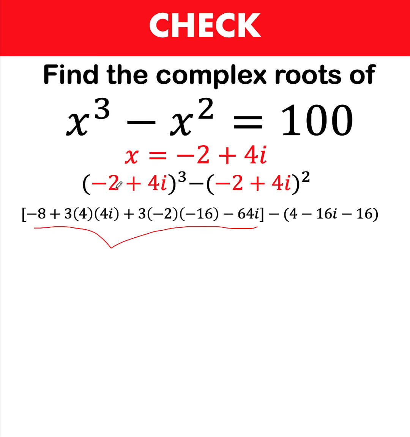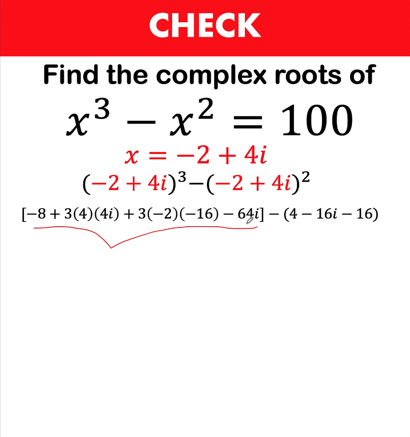So we begin with a cube of negative 2 to get negative 8, plus 3 times the square of negative 2, which is 4, times the second term 4i, plus 3 times the first term, negative 2, times the square of 4i, which is negative 16, plus the cube of 4i, which is negative 64i.